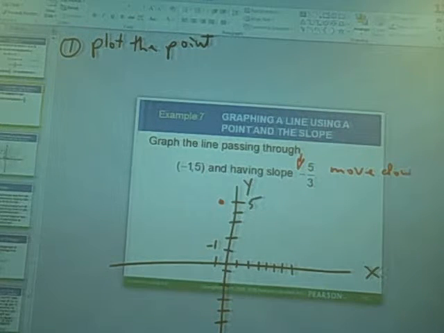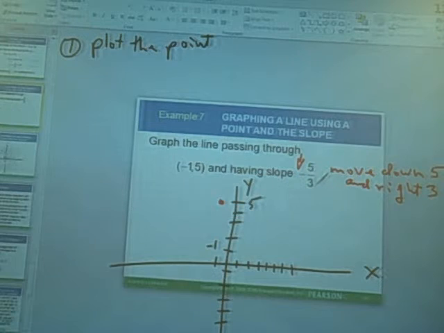And now, if the slope is negative, you're going to move down. In this case, because it's negative, we're going to move down 5 and to the right 3. So the denominator, you're always going to move to the right. The sign will tell you whether you're going to move up or down. If it's positive, you move up. If it's negative, you move down.